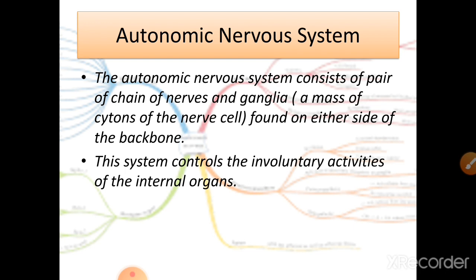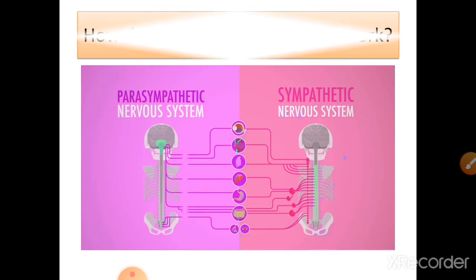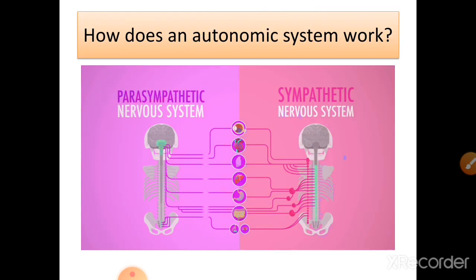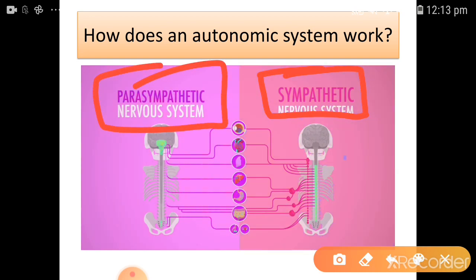This is done by the autonomic nervous system. So how does the autonomic system work? It works under two systems, sympathetic and parasympathetic.